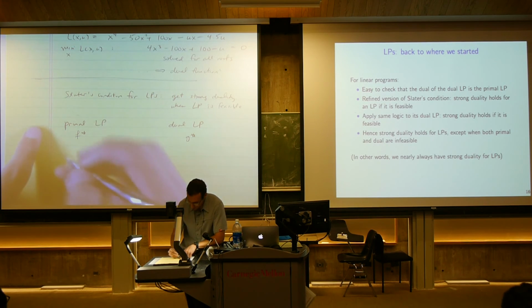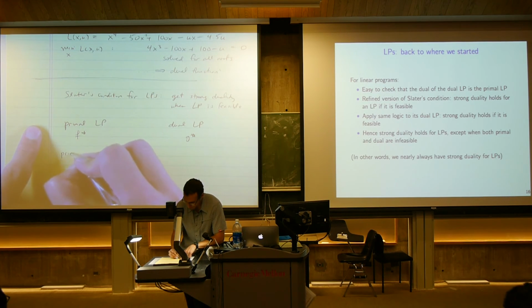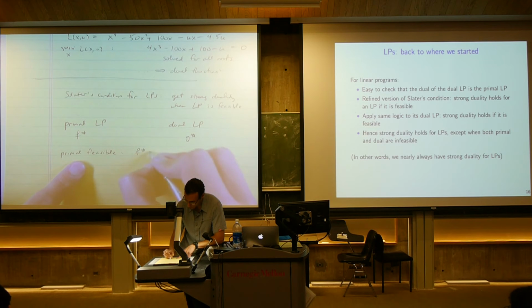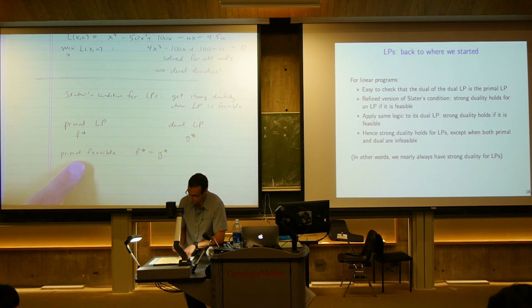If the primal is feasible for the LP, then Slater's condition tells us that we get strong duality, which means that F star is equal to G star. Okay. Let's now go to the dual and pretend like that was the primal.